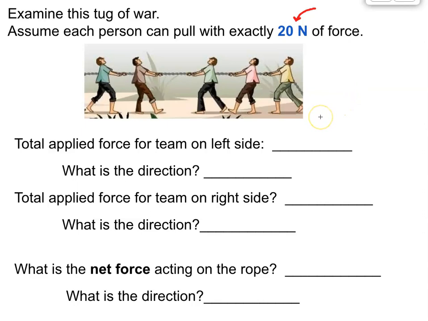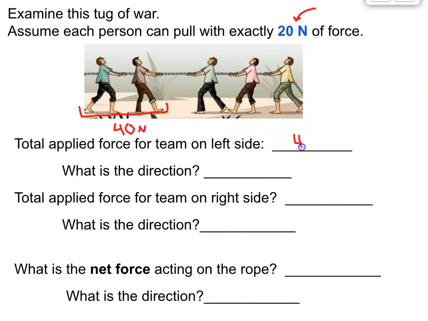What would the total applied force for the team on the left side be? We would want to consider that each person pulls with a force of 20 newtons, and there's 2 people, so that would give us a total of 40 newtons.